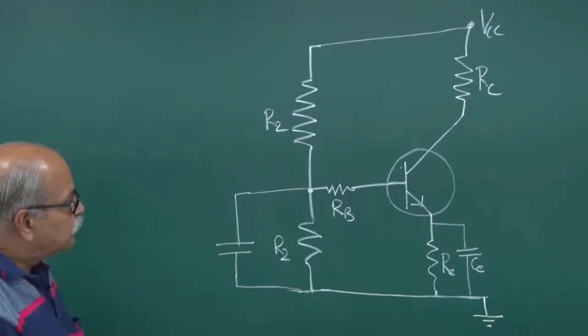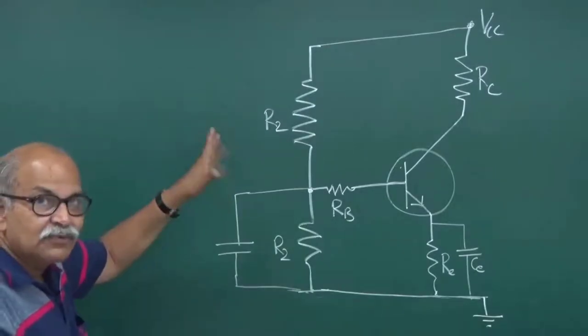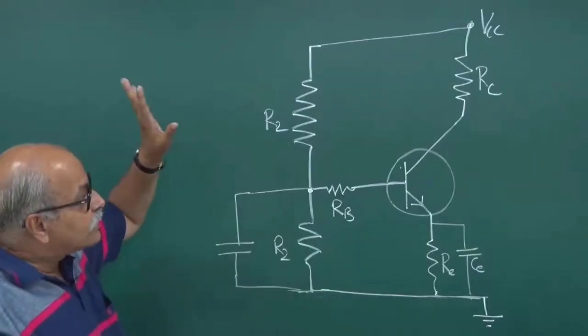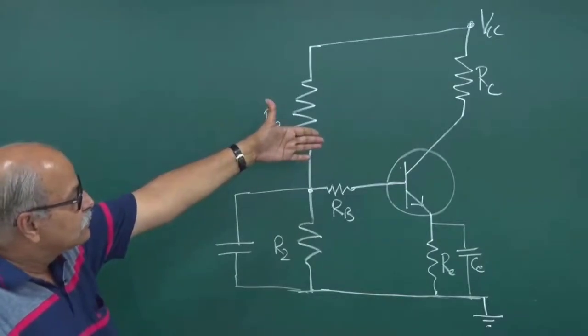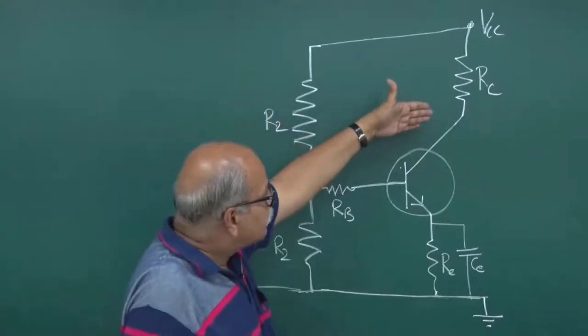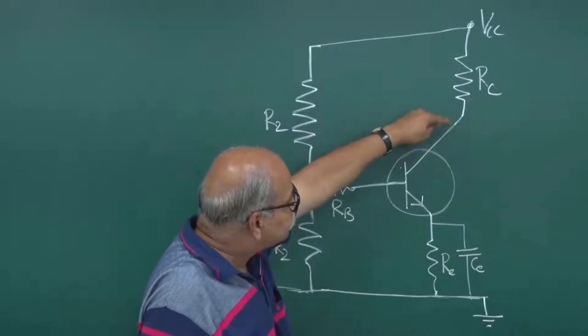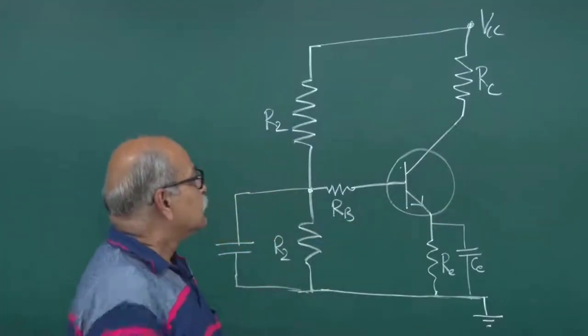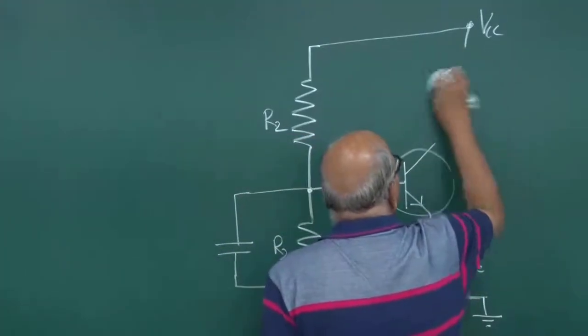Now for putting that tuned circuit, where do I put the tuned circuit? So it is the collector, it is tuned collector. So this tuning part, that oscillating part will be in this portion. So the circuit will be modified a little bit.